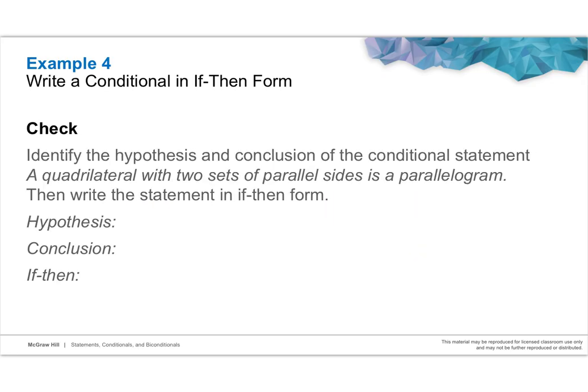So take a pause in the video here and see if you can identify the hypothesis and the conclusion of the conditional statement. A quadrilateral with two sets of parallel sides is a parallelogram, and transform that into if-then form.